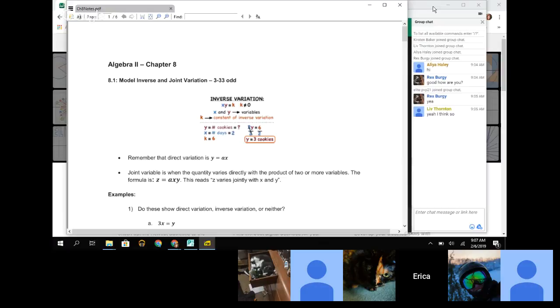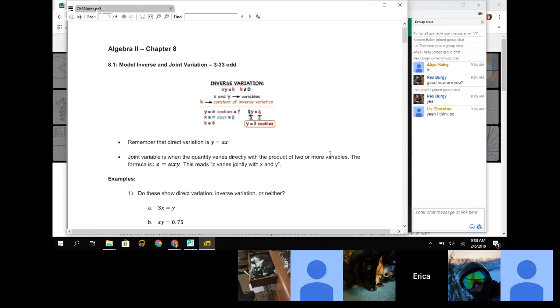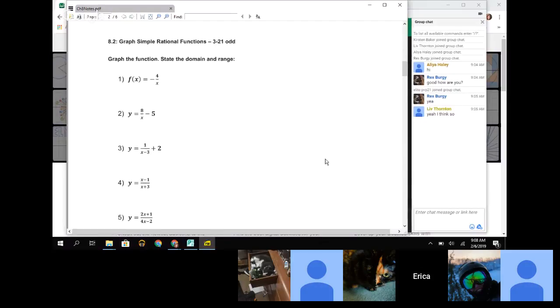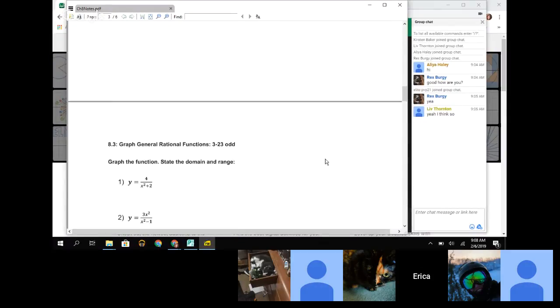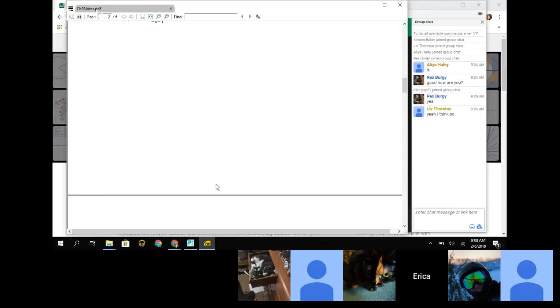But since we're online and everybody can see my screen and you don't have to have your graphing calculator necessarily, I want to go over 8.2 and probably 8.3. Yes, I want to go over both of those. So these two sections are called, let me scroll down in the notes since you don't have them, graph simple rational functions and graph general rational functions.